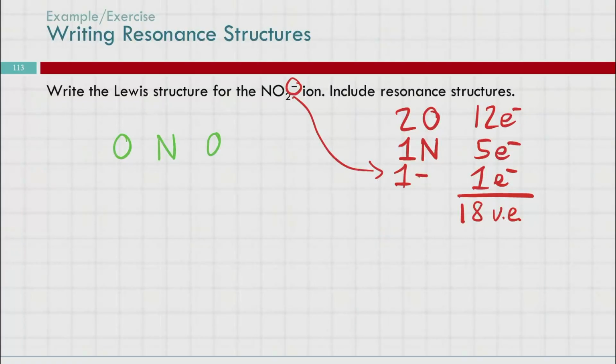So we're going to start off by connecting everything. Connect our nitrogen to its neighboring oxygens. So that's a total of 4 minimum bonding electrons just to get everything connected. We've got 14 remaining electrons. You might be feeling a little bit of deja vu. We can place those electrons, 6 on each of the oxygens, and then the last 2 on our nitrogen.